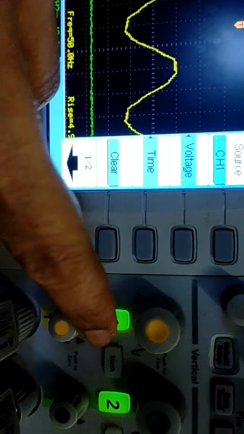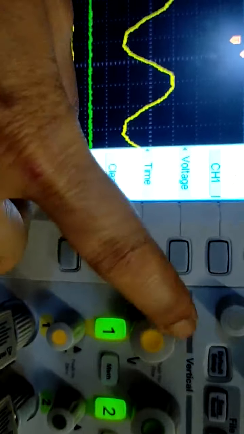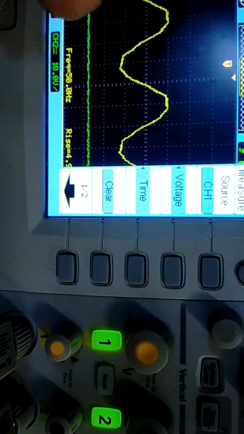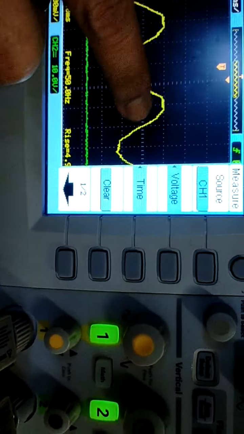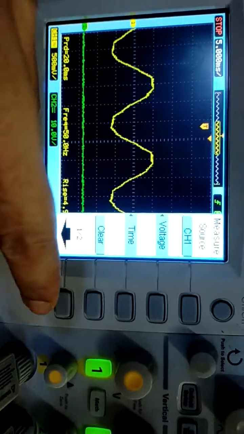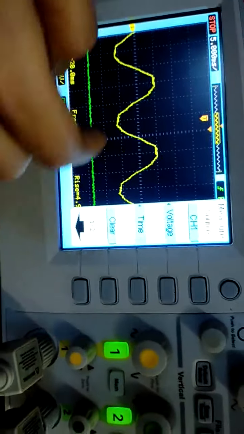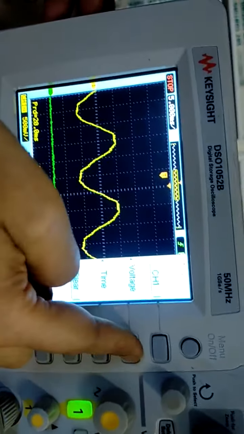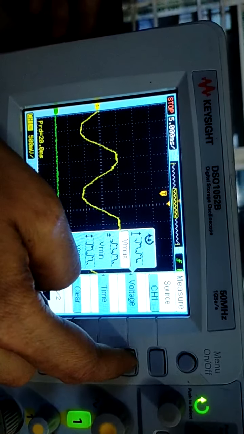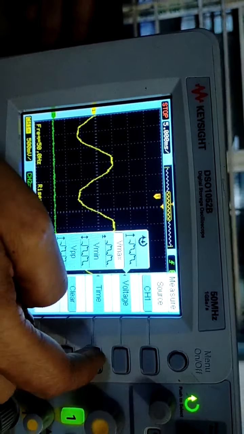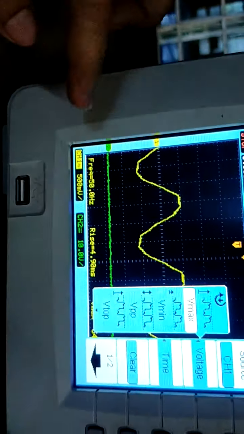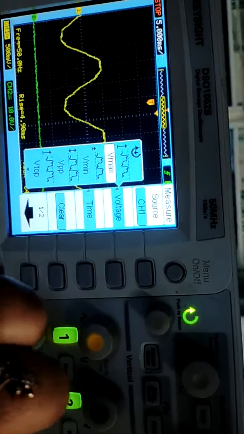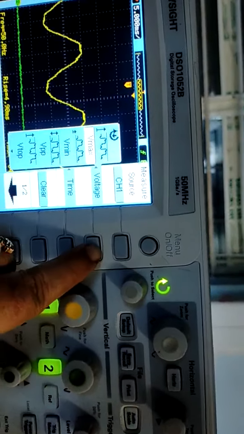Channel 1 is indicated by this yellow signal. So this yellow sinusoidal signal indicates that the probe is connected at channel 1. Now we will measure the voltage. First of all, see, frequency is coming 50 Hz. Frequency we will show later on.